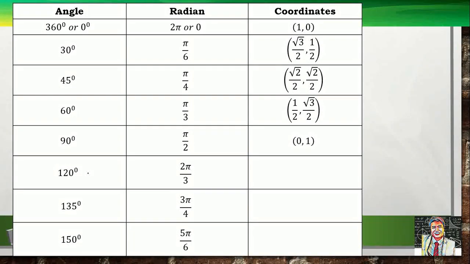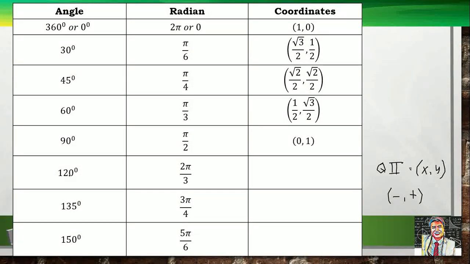So, sa 120 degrees, that is belong to quadrant 2. Wherein, ang coordinates sa quadrant 2, yung x and y doon, yung ordered pair doon, that is negative and positive. So, therefore, dapat ang makukuha yung coordinates dito, isang negative, isang positive.